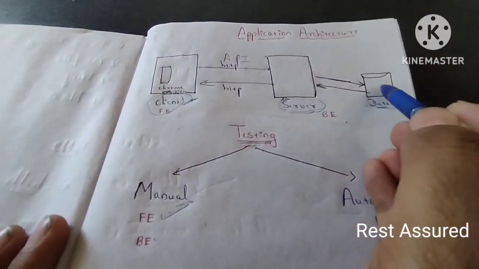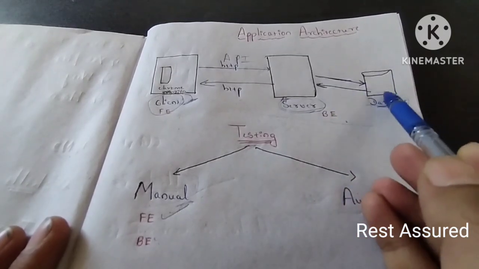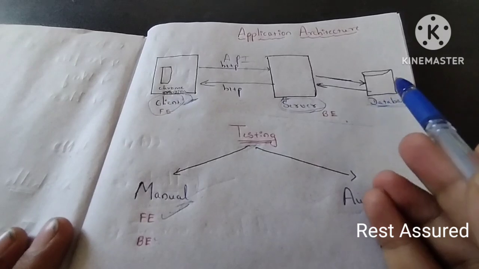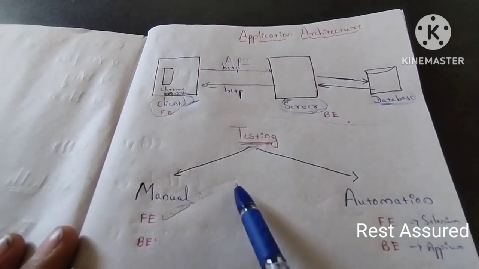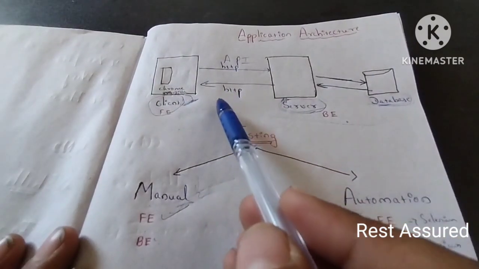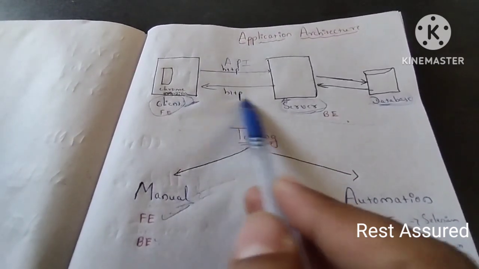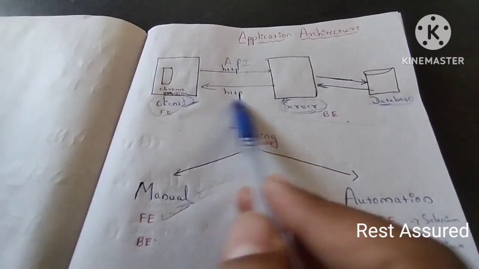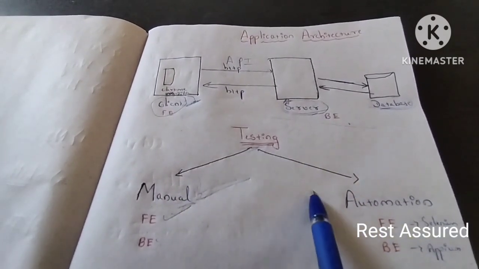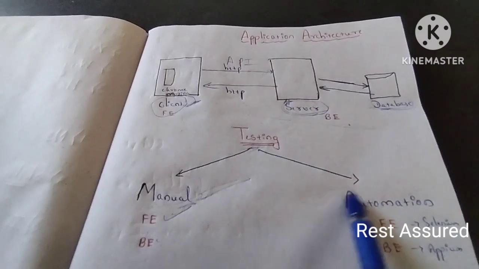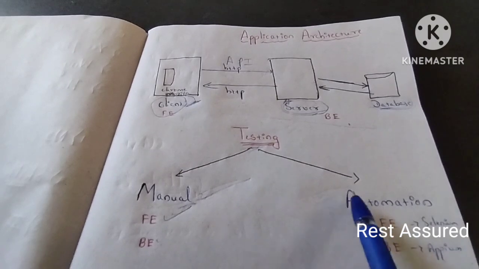And also the database, using some tools like MySQL, SQL, those types of things are tested. So under manual, a human tests by verifying whether the input and output are proper or not, manually. That is manual testing. Automation means using tools; once you write the scripts, that tool verifies whether the given inputs match the expected output.